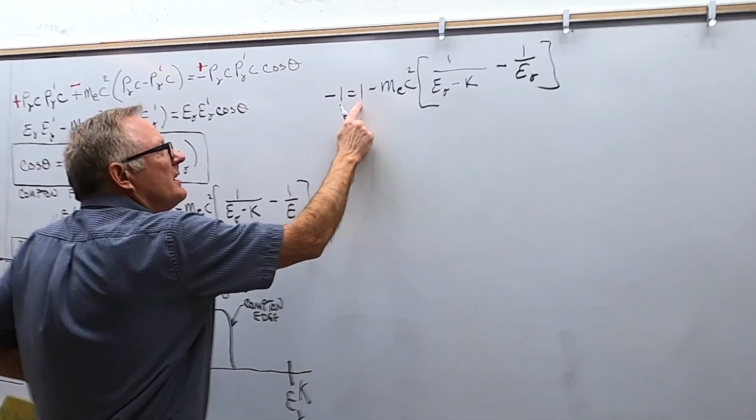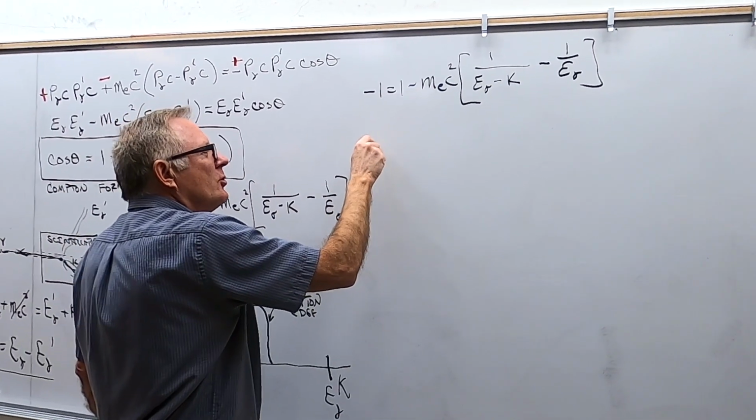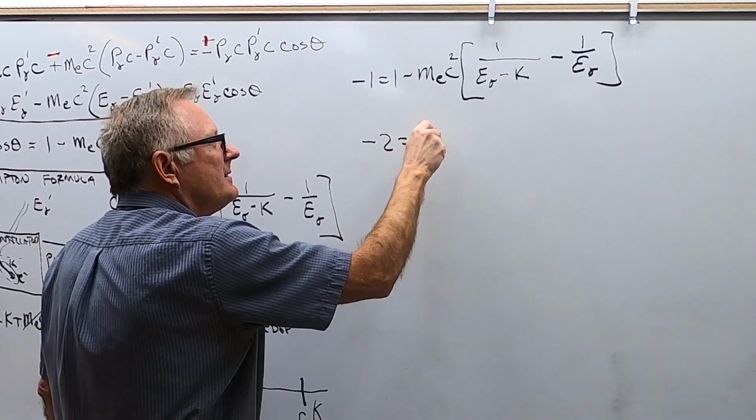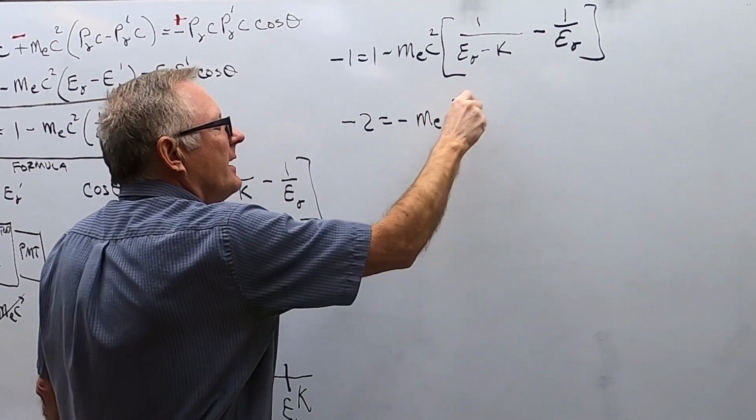well, let's move this over to that side. So we got minus 2 equals minus m sub e c squared.